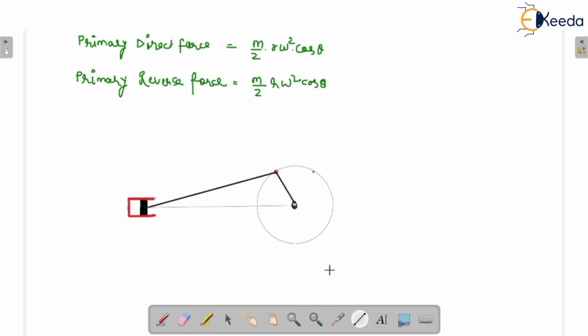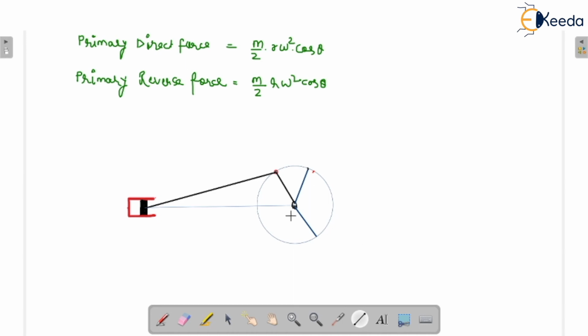This is our secondary direct crank, and let us say this is the secondary reverse crank, which is just the image of the direct crank.